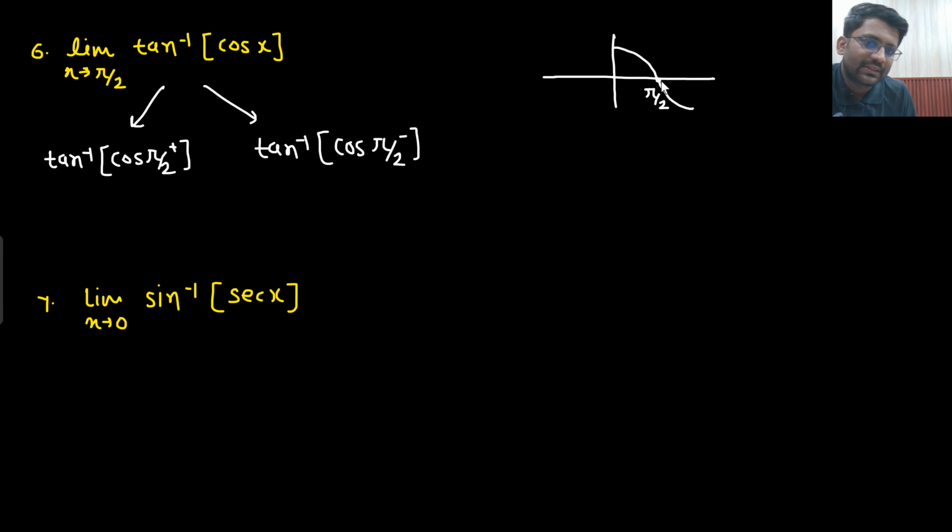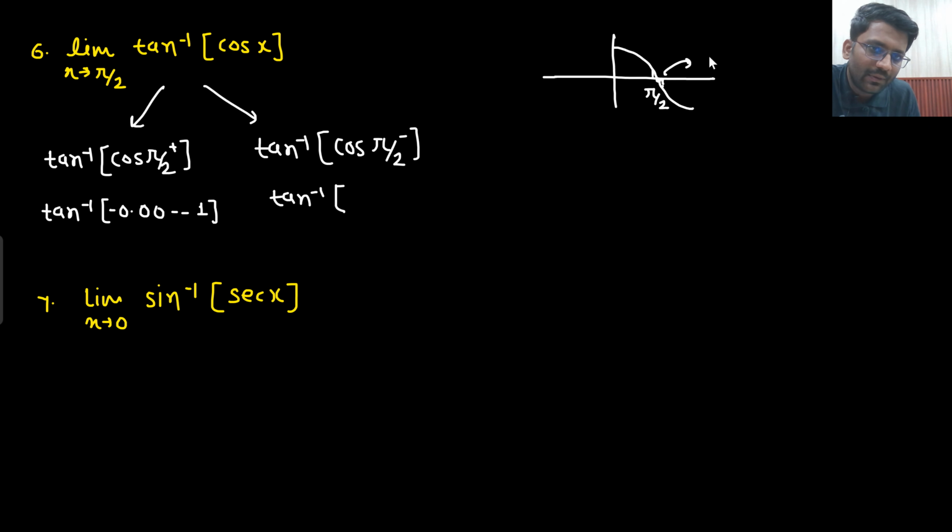So cos pi by 2 plus, this value will be somewhat negative. So the greatest integer of cos pi by 2 plus is nearly 0 but some negative value, like minus 0.00001. And cos pi by 2 minus, this value will also be nearly 0, but somewhat greater than 0.